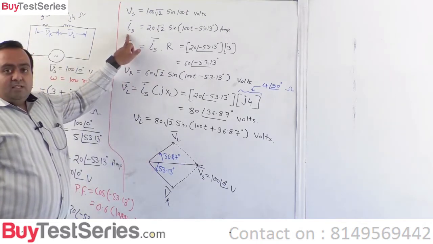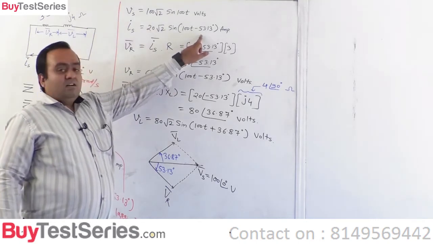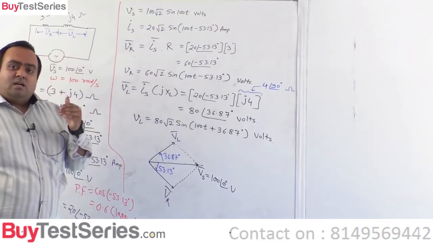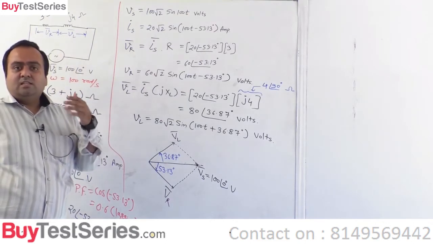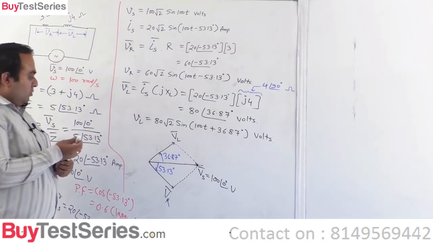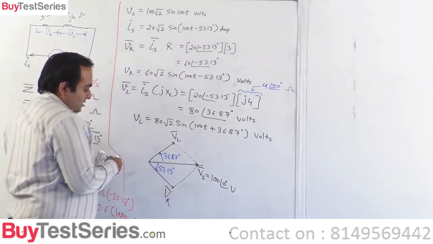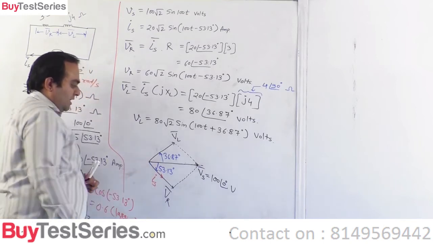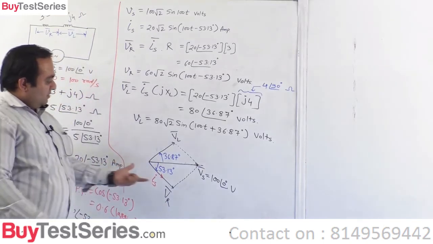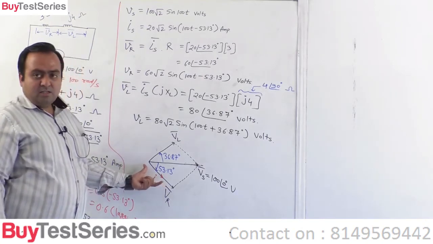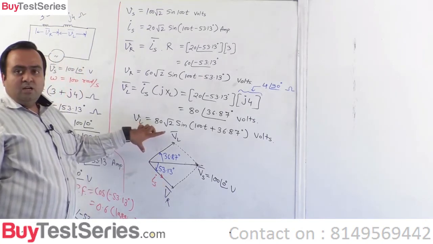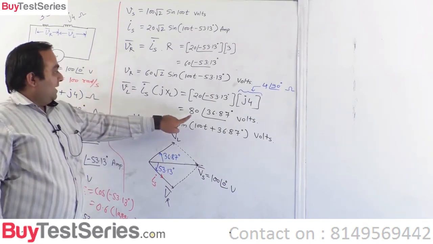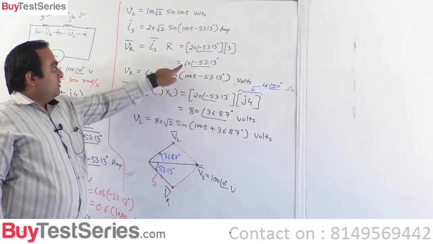If you look at the angle of IS, it is the same as the angle of the resistance voltage, because for a resistance, the voltage and the current are always in phase. So if this is VR, this has to be IS only here. This is IS. The length of VR we have to make a little smaller compared to VL, because the magnitude of VL is larger, 80, whereas VR's magnitude is 60.